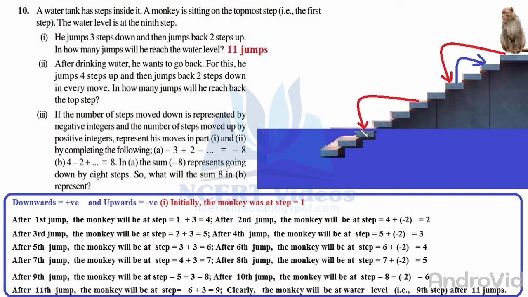On the 9th step, the water is there. Here's the question. He jumps 3 steps down and then jumps 2 steps back. Okay. He's a kind of notorious monkey. First he steps 3 steps down and then he moves 2 steps back. So finally he'll be at this position. Now, in how many steps will he reach the water level?